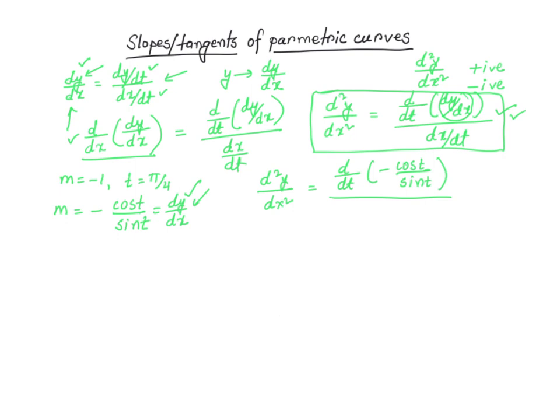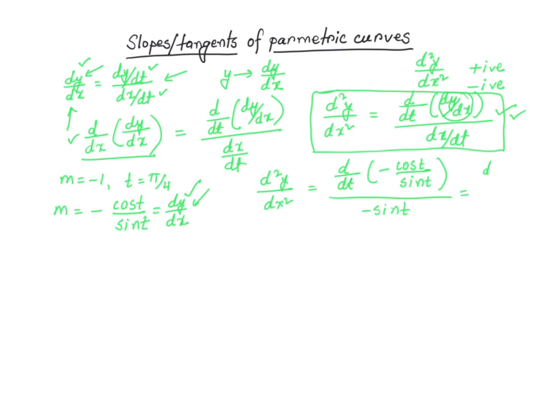Remember, x was cosine of t, so dx over dt is going to be negative sine of t. This is going to be negative d over dt cosine of t over sine of t divided by negative sine of t.